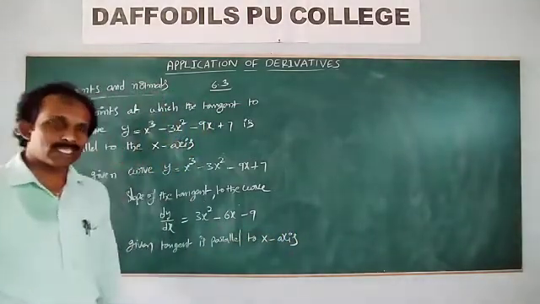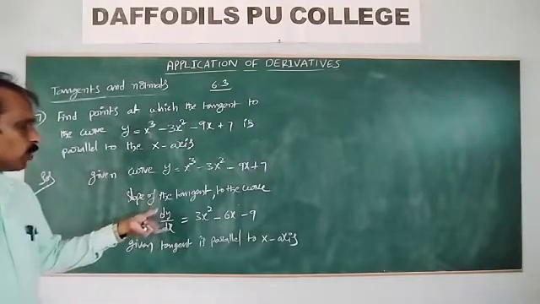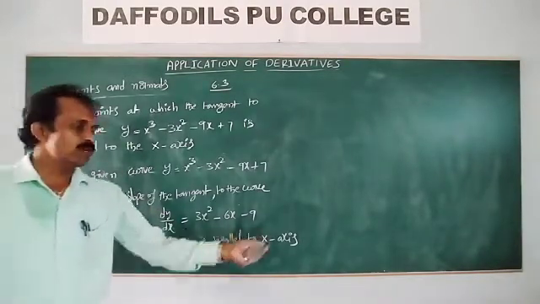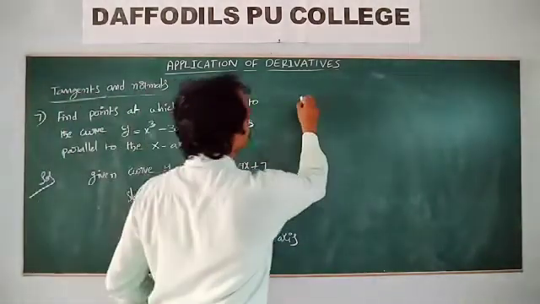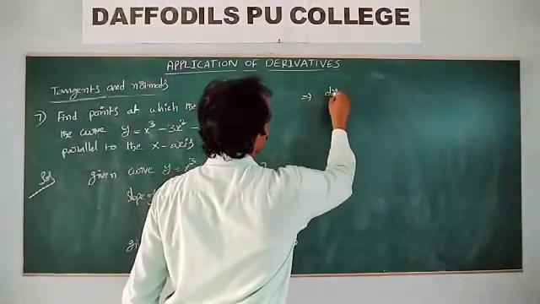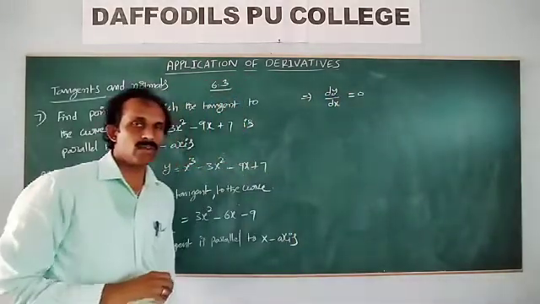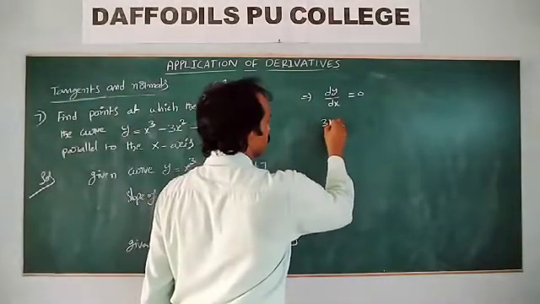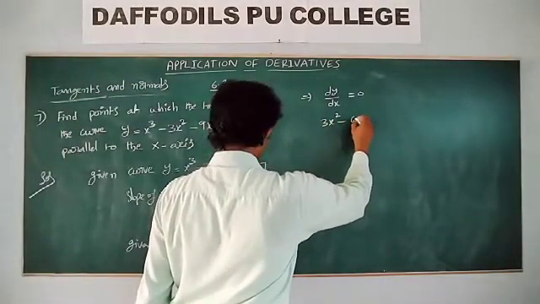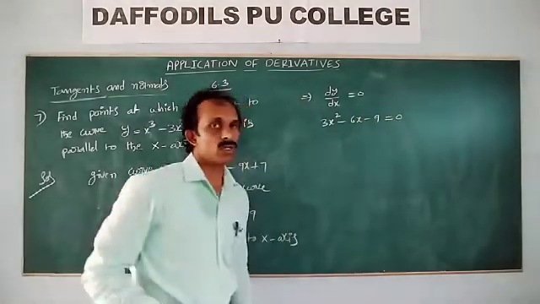Is parallel to the x-axis means this slope dy by dx is equal to x-axis slope 0. So that implies dy by dx is equal to 0. Equate this value: 3x square minus 6x minus 9 is equal to 0.